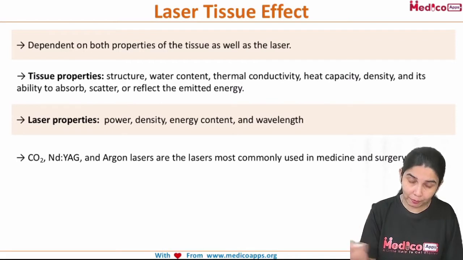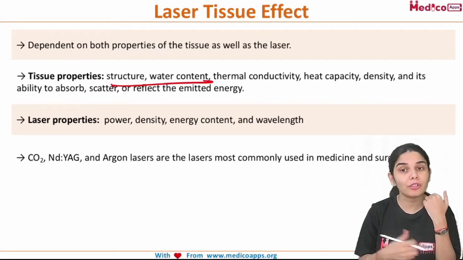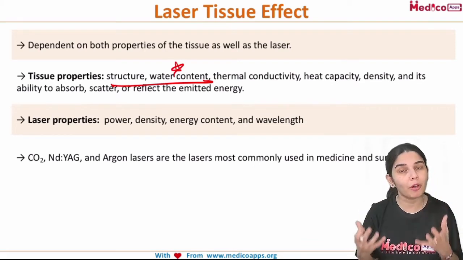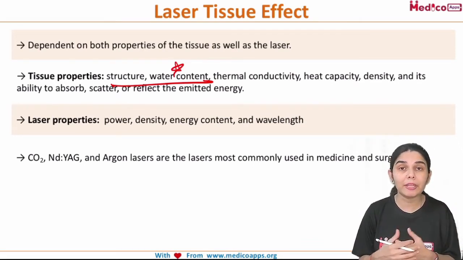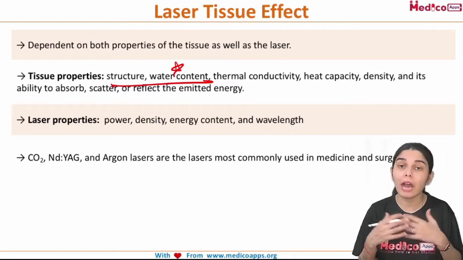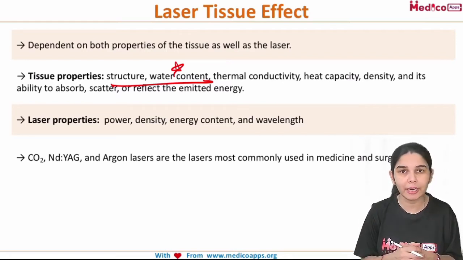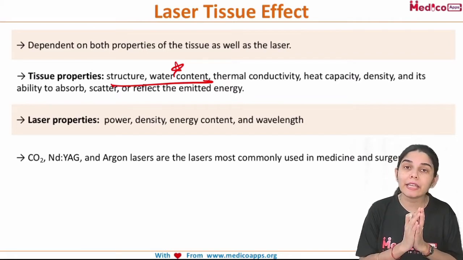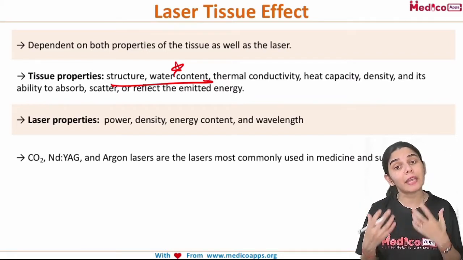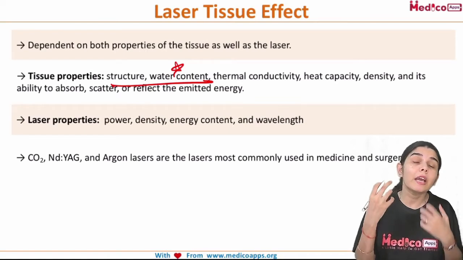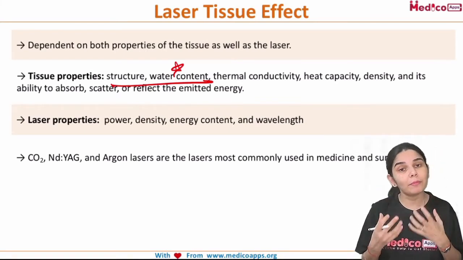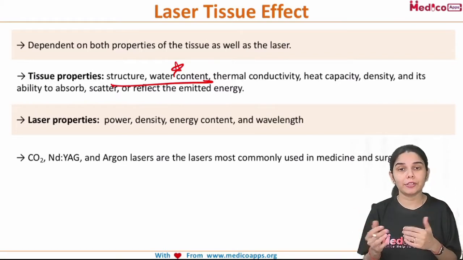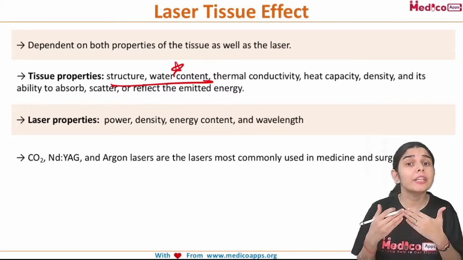The tissue properties include the structure of the body, the water content, thermal conductivity, how good a thermal conductor the body is, heat capacity, density, and the ability of the body tissues to absorb the light, or even scatter and reflect the emitted energy. So these are the tissue properties.